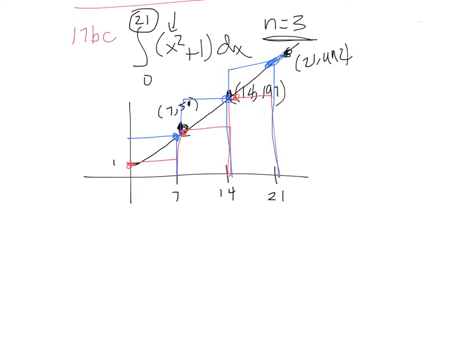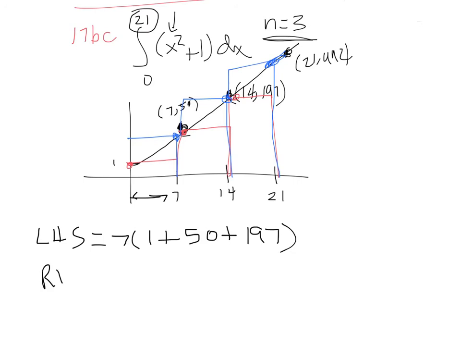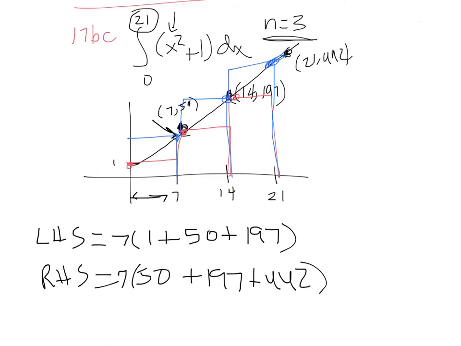And so then I just take these and find the left hand. The width, again, is 7 times all of the heights, so this one would be 1, 50 and 197. The right-hand sum, I would actually start now here, so that would be 7 times 50 plus 197 plus 442.